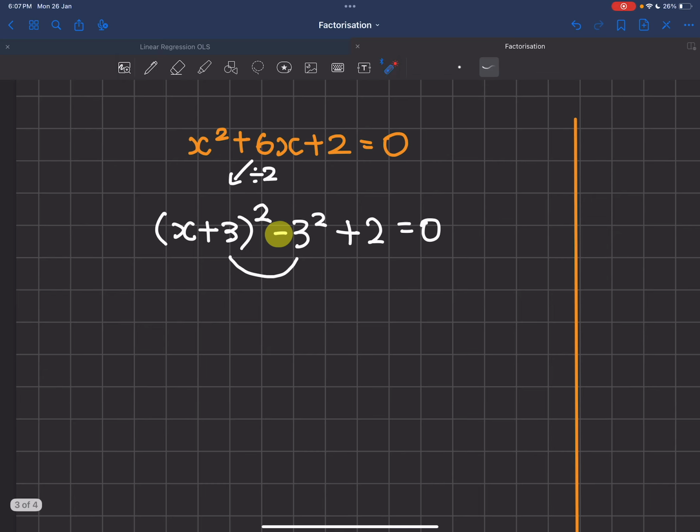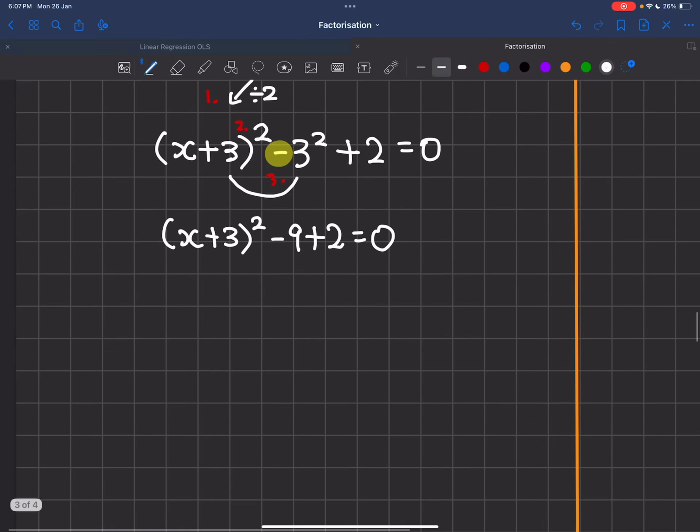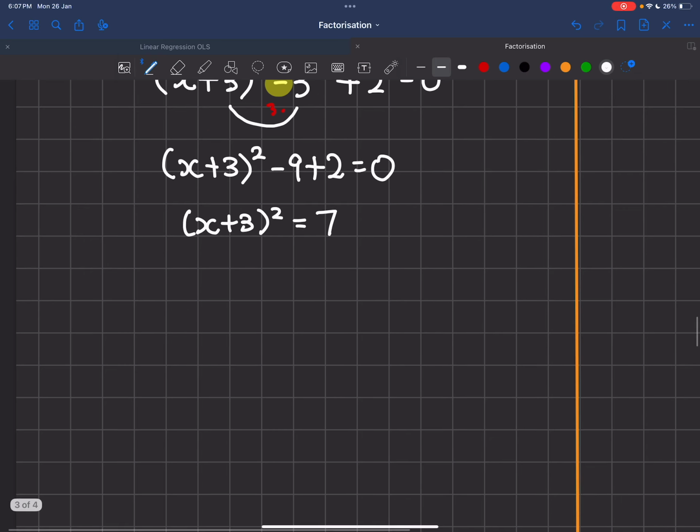So once again, our first step, divide the b term by 2. Then put everything in a square. Then minus the inside thingy. Then we will get x plus 3 squared minus 9 plus 2. This leads to x plus 3 squared equals 7, right? So what's x plus 3?